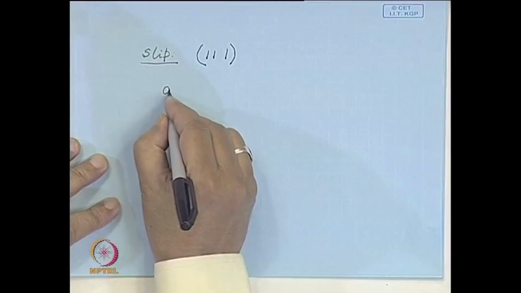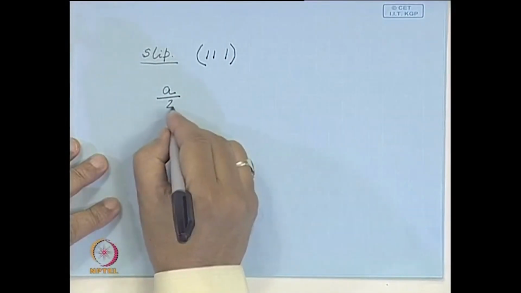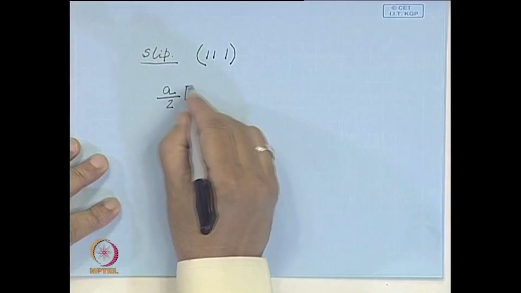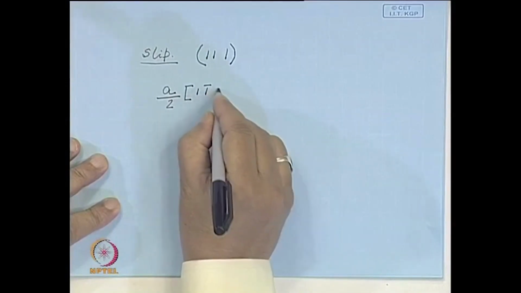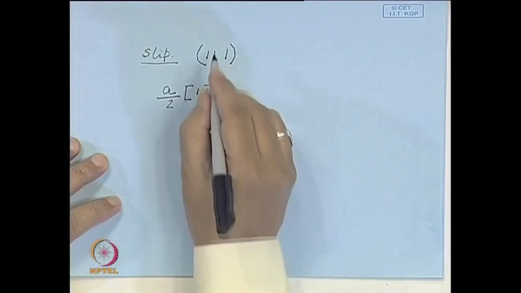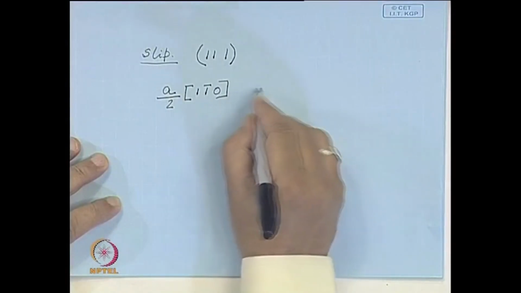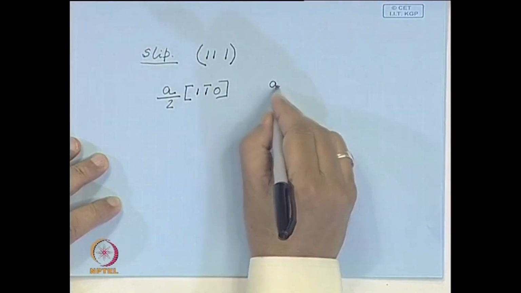Now, on this slip plane, let us say we have a mobile dislocation of type a/2 [1 1 bar 0]. So this definitely lies on this plane. Now, suppose, can this break down into these two?